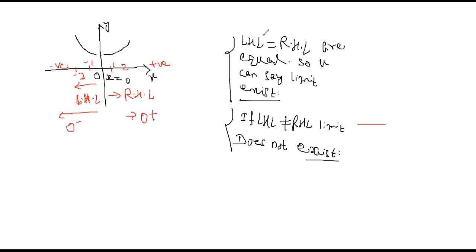It means just less than 0. What is 0 plus? It means just greater than 0. Got it? And again, this statement is correct: when LHL is equal to RHL, then the limit exists. If not equal, then it does not exist. You draw this graph.